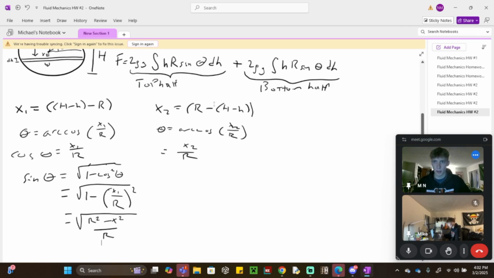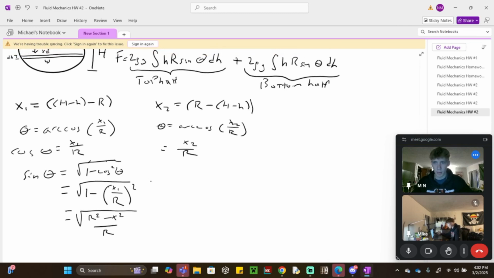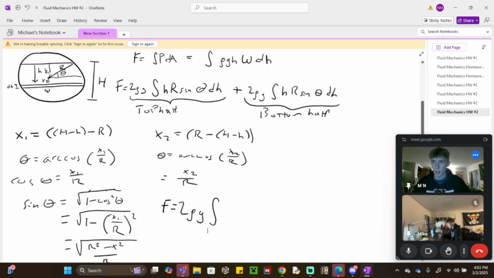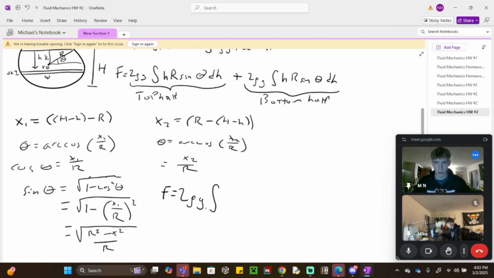So we get F is equal to 2 rho g. We're going to set our limits of integration. So we're going from 0 to R minus H, of h, big R. We're going to replace our sine theta with the square root of R squared minus x squared over R, dh.